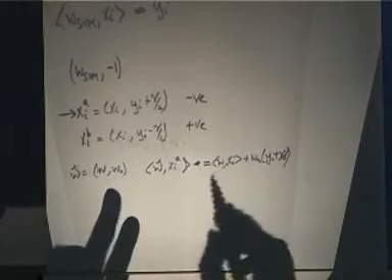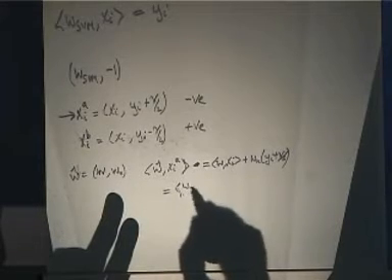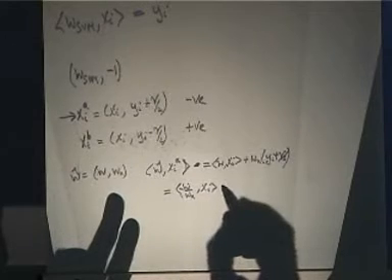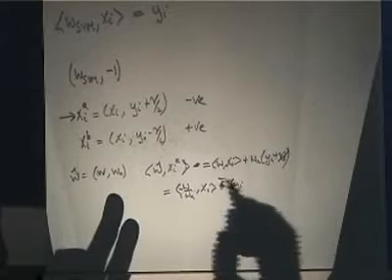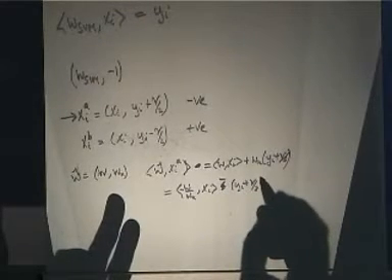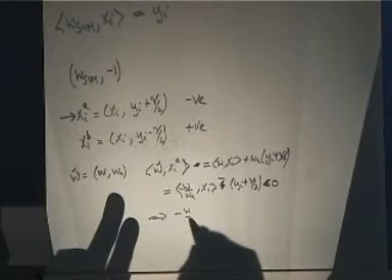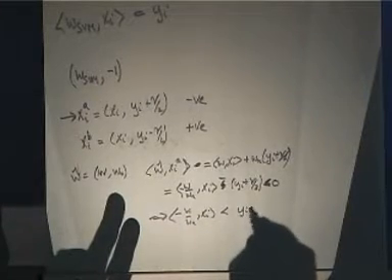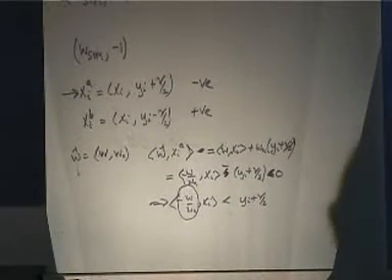Now I'm going to divide through by minus wn, and I get <w over minus wn, xi> minus (yi plus gamma on 2), and by our assumption this is less than 0. And so that implies that <minus w over wn, xi> is less than yi plus gamma on 2.